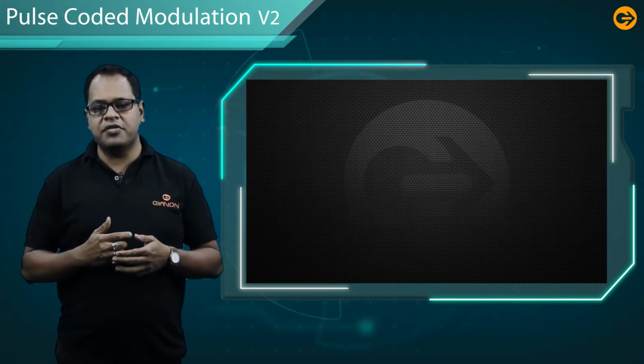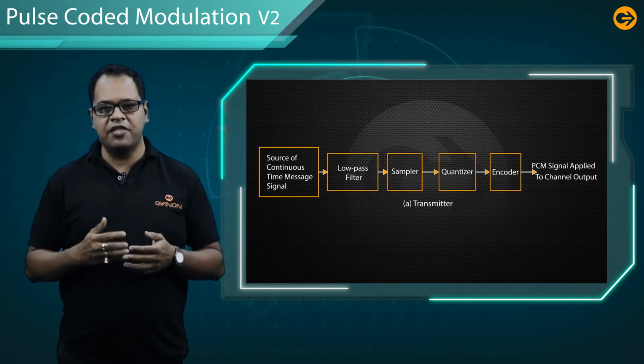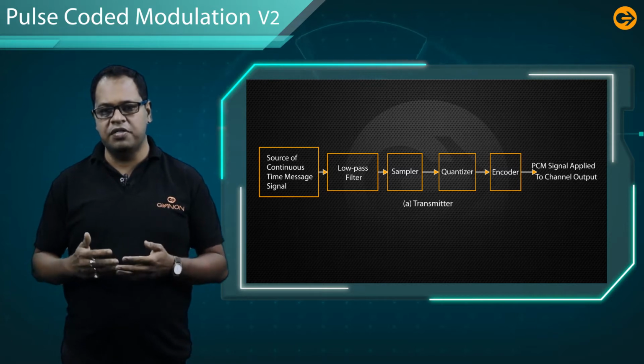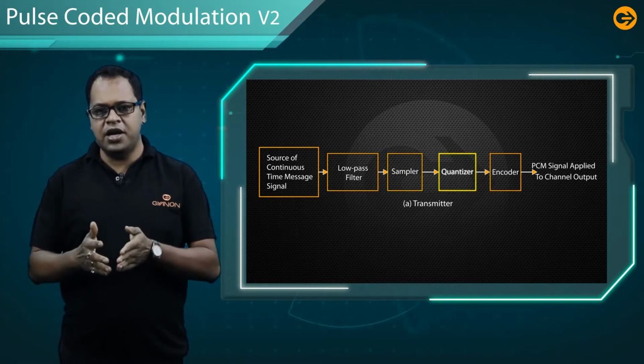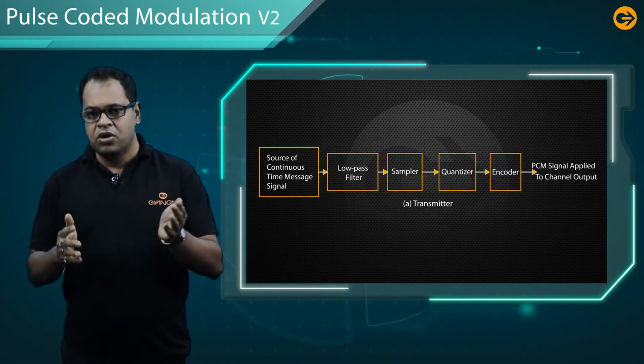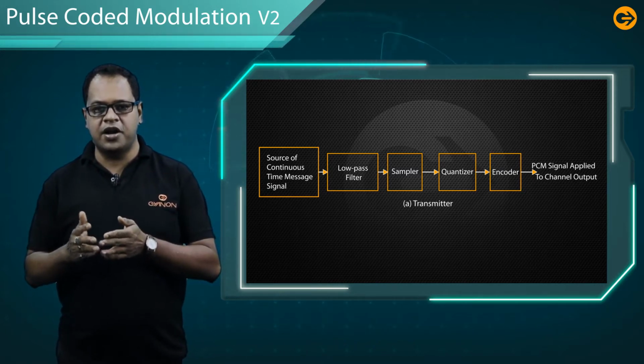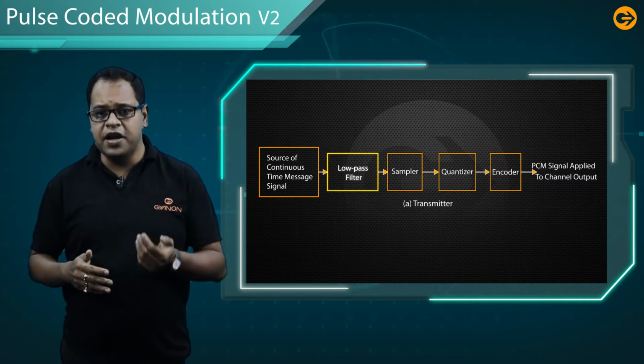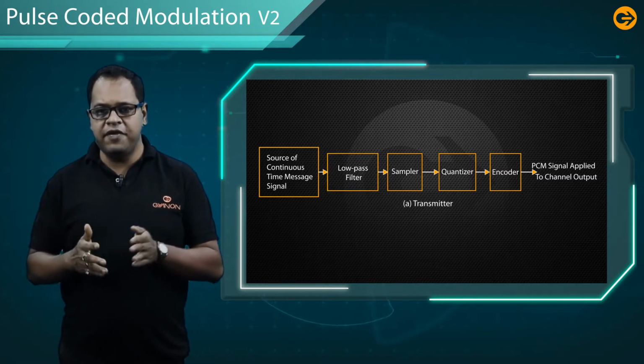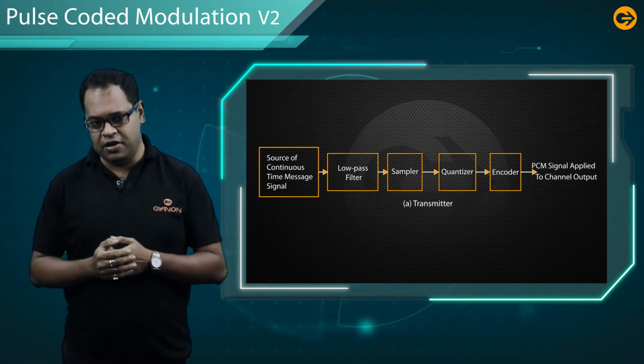What have we discussed in the transmitter section? The transmitter section of a pulse code modulation consists of sampling, quantizing and encoding, which are performed in the analog to digital converter section. The low-pass filter prior to the sampling prevents aliasing of the message signal.